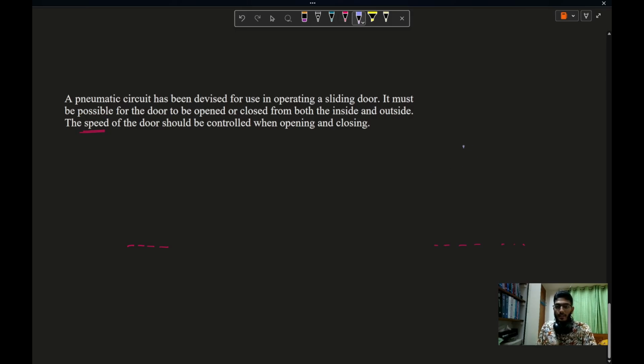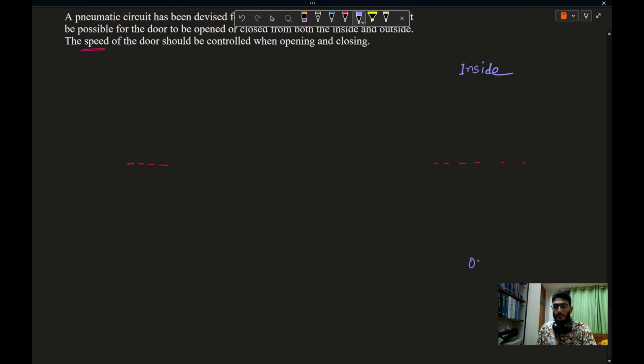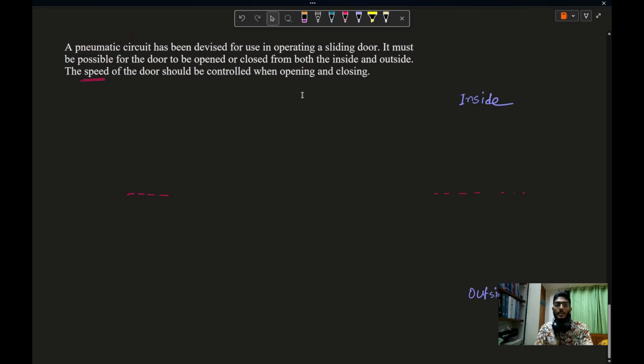Suppose this is the inside and this is the outside. I need a double acting cylinder for this purpose because it said both opening and closing.